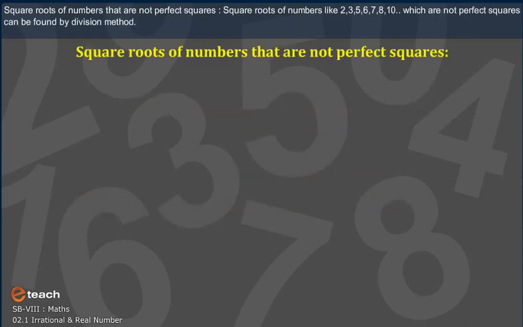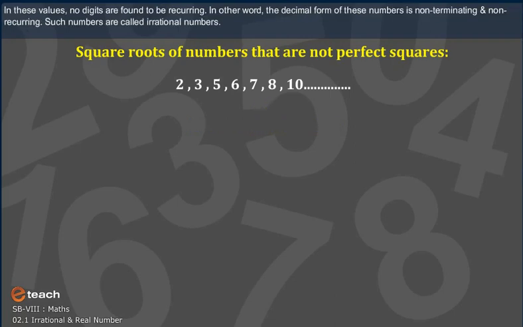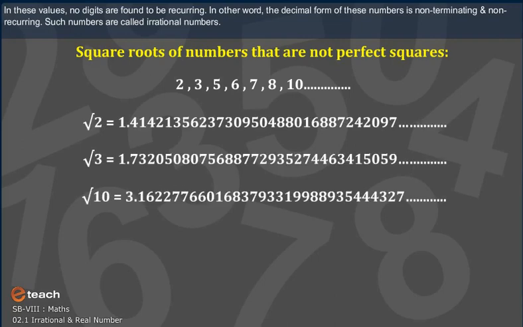Square roots of numbers like 2, 3, 5, 6, 7, 8, 10 and so on, which are not perfect squares, can be found by division method. In these values, no digits are found recurring.